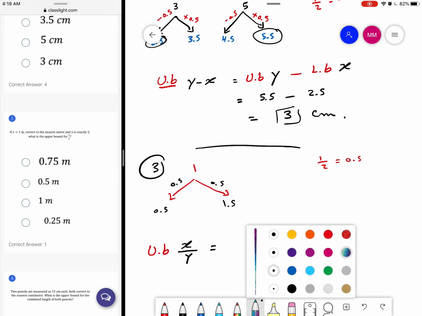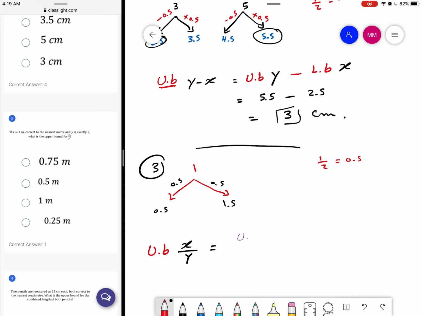The upper bound of division is the upper bound of the numerator, meaning x, divided by the lower bound of the denominator, meaning y. So for the upper bound of x, it's easy, it's 1.5. For the lower bound of y, can I get the lower bound of y? Here actually you can't. Why?